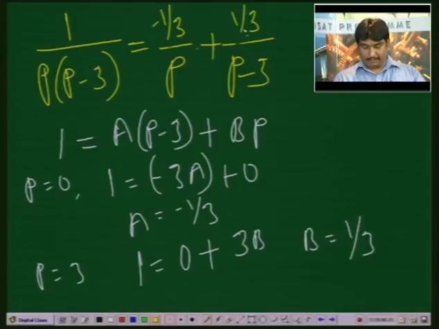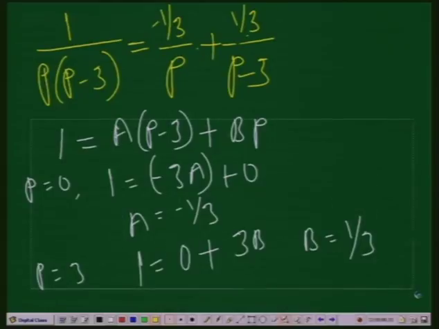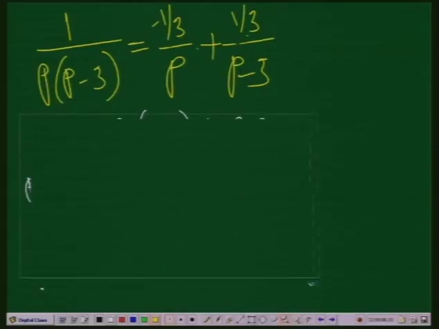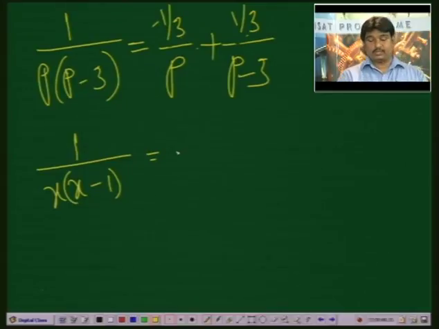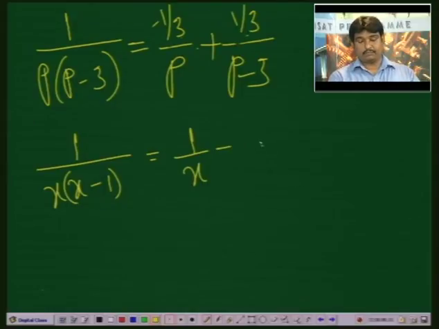This is one technique. Technique number 2. You know that 1 by x into x minus 1 can be written as 1 by x minus 1 divided by x minus 1.